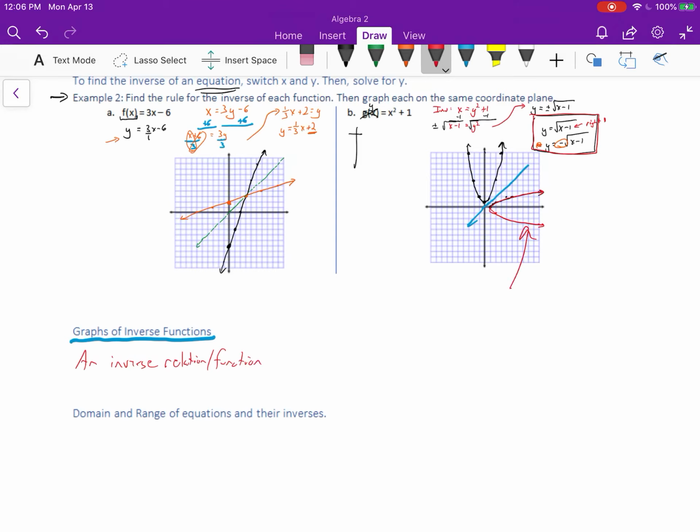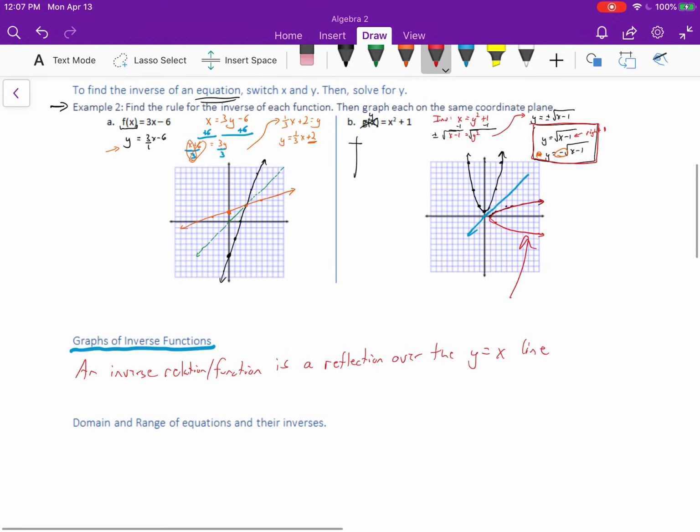The reason I don't just write function is because this red one right here was not a function, it doesn't pass the vertical line test. The graphs of the inverses are a reflection over the y equals x line. And hopefully you notice that the y equals x line is the one that splits the first quadrant and the third quadrant in half.